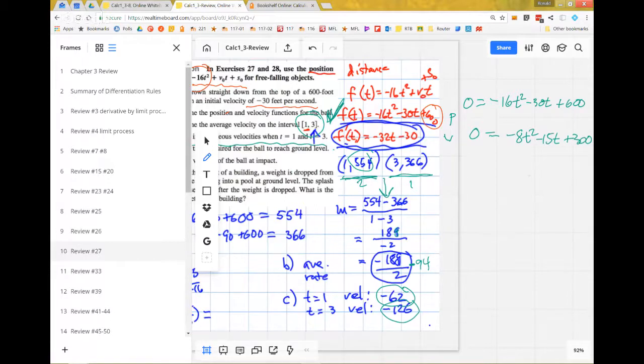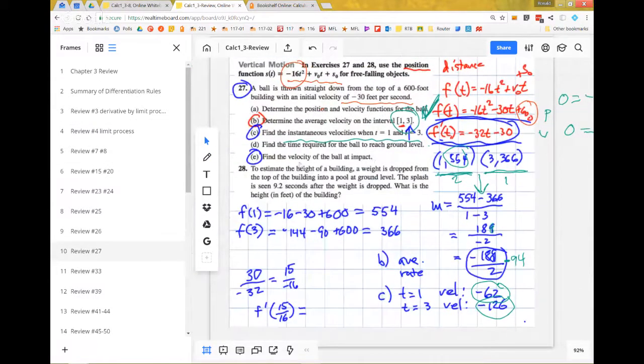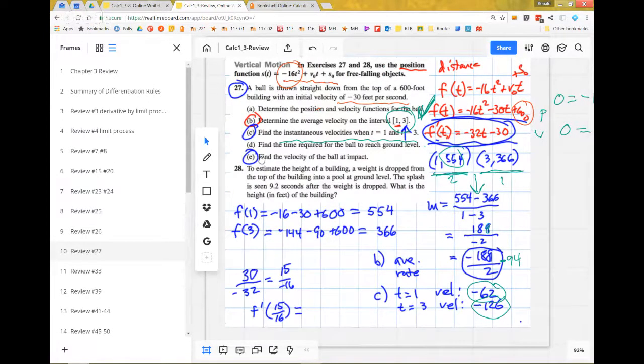And once you know the number of seconds it takes, let me shift back so I can see it. Then, if you know how many seconds it takes, that's the answer to D. Find the time it takes for the ball to reach the ground. And when you know the number of seconds it takes, can you answer E? What's the velocity of the ball right when it hits the ground?